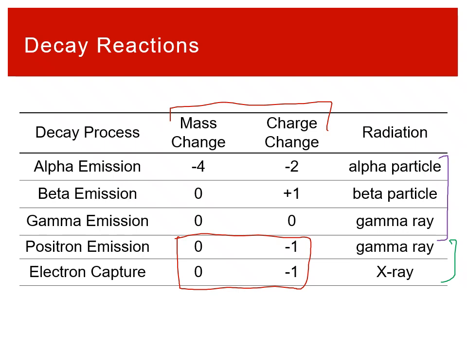Either a proton becomes a neutron and emits the positron, or the proton combines with an electron to become a neutron. So in the nucleus, it's a proton becoming a neutron in both of those. Even though the associated particles are different, positrons and electrons, it's the same idea functionally. So it's an important thing to note. We want to get comfortable knowing what the 5 are, and then also the associated radiations and changes, being able to predict all of those.